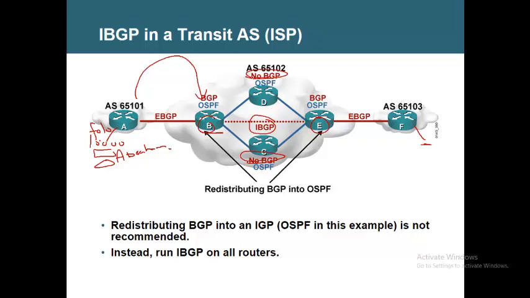If you notice here, D and C don't have any border gateway protocol. No border gateway protocol is running here. B can ping E because there is OSPF providing the reachability, using which IBGP is already established.